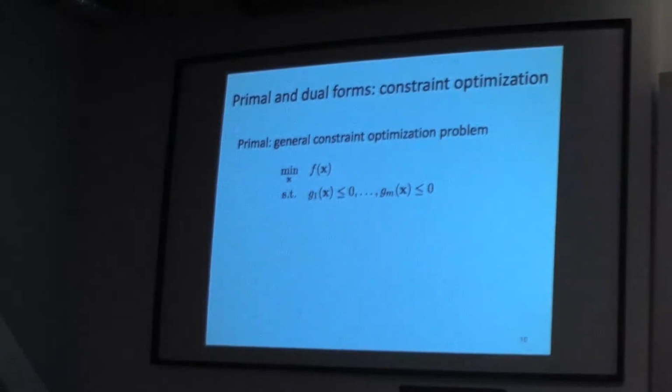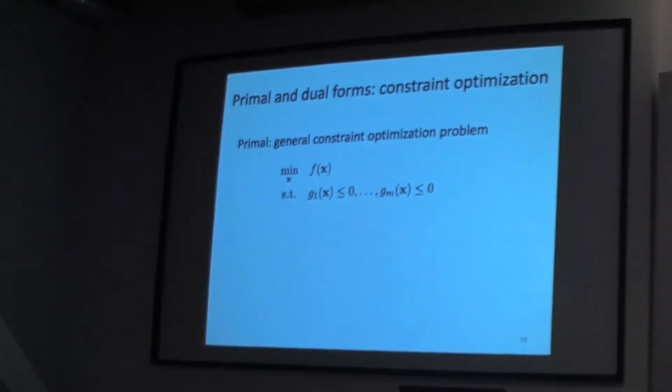Everyone forgot? It's from the calculus course. You need to construct a Lagrange function, then set the gradient of the Lagrange function to be 0 and solve it.